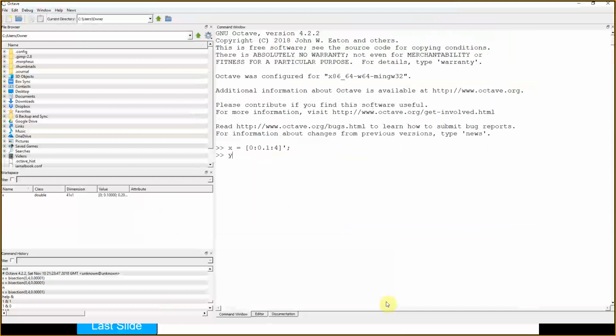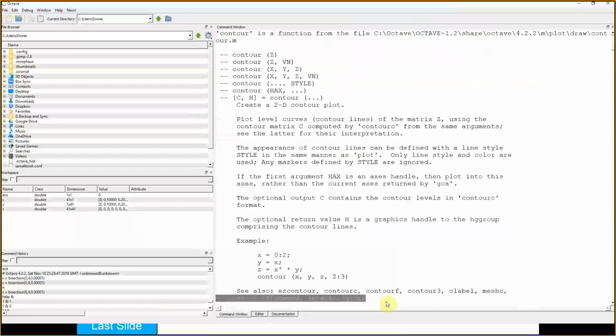And then y equal x transpose. Let me just do help contour and z equal x times y squared. That means element by element operation. And I'll just do help contour just to make sure I didn't do the wrong thing.